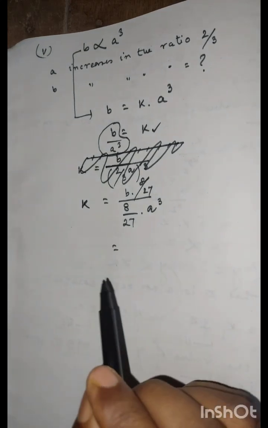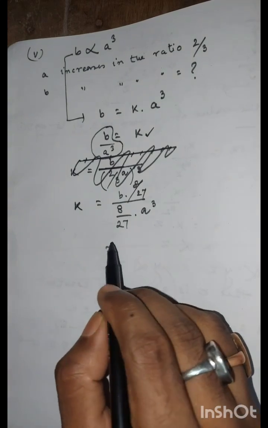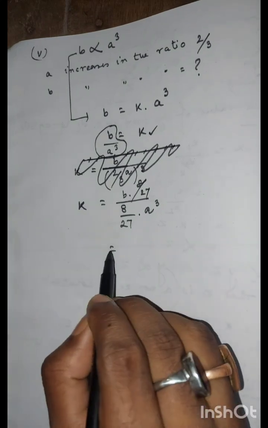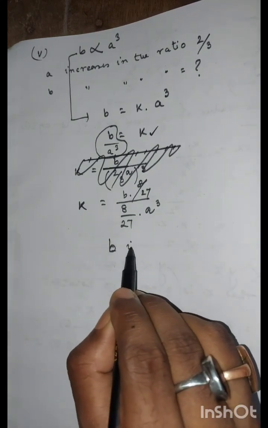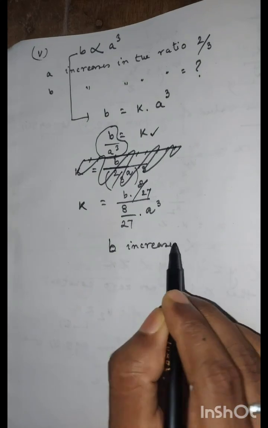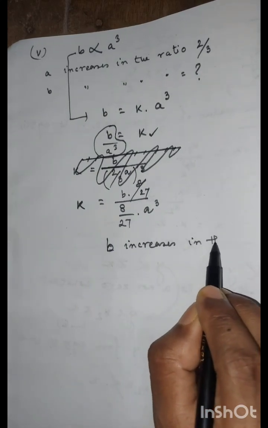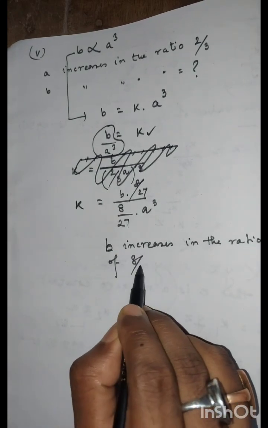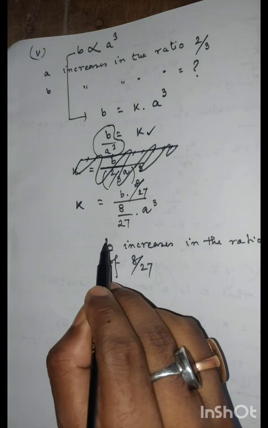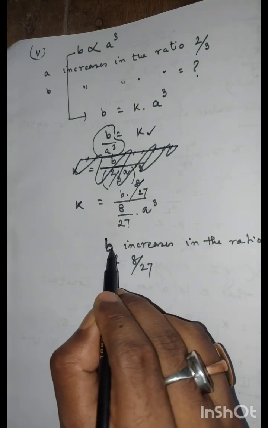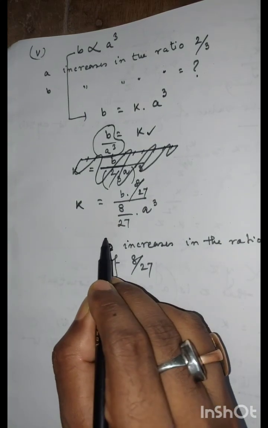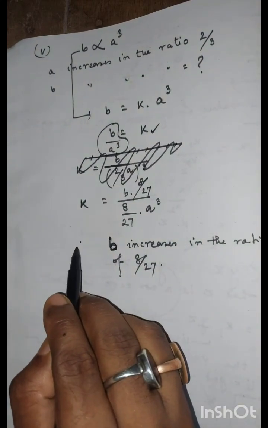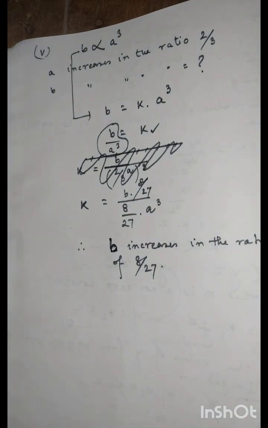This should be our correct answer. So b increases in the ratio of 8 by 27.